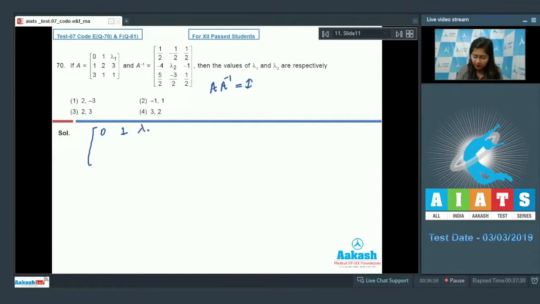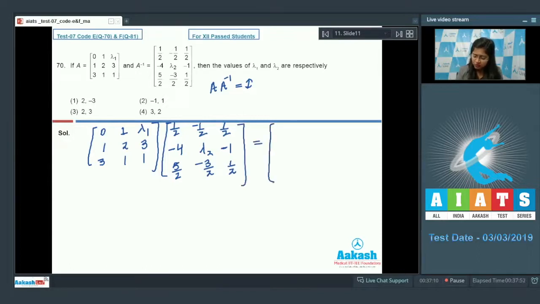That is 0, 1, lambda 1, 1, 2, 3, 3, 1, 1 into 1 by 2 minus 1 by 2, 1 by 2 minus 4 lambda 2 minus 1, 5 by 2 minus 3 by 2, 1 by 2.